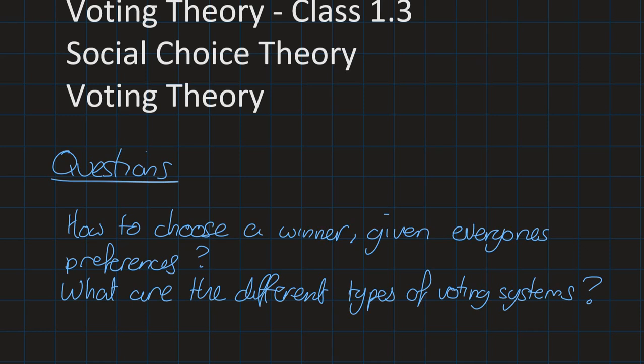There are many different types of electoral system. So we're going to look at the different types of them, and we're going to ask how fair are they? How fair are the different voting systems?